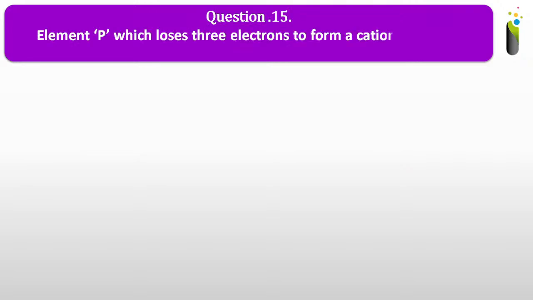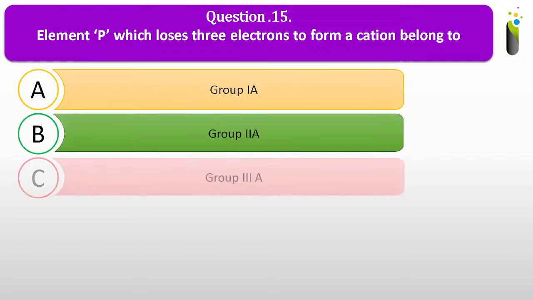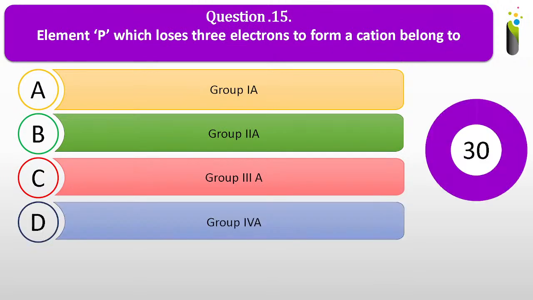Element P, which loses 3 electrons to form a cation, belongs to dash. A. Group 1A. B. Group 2A. C. Group 3A. D. Group 4A.